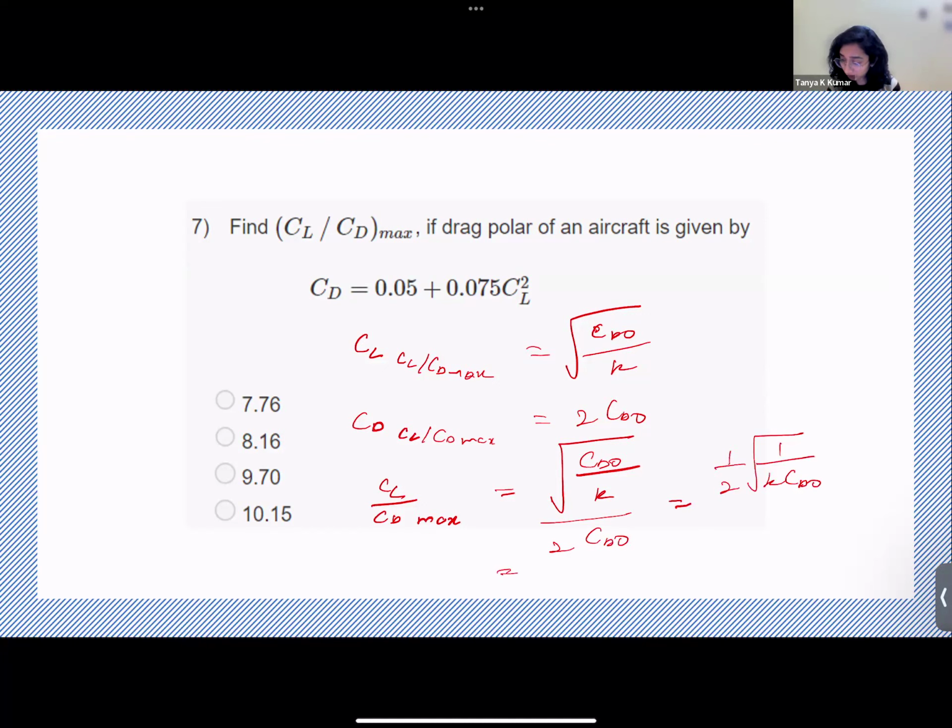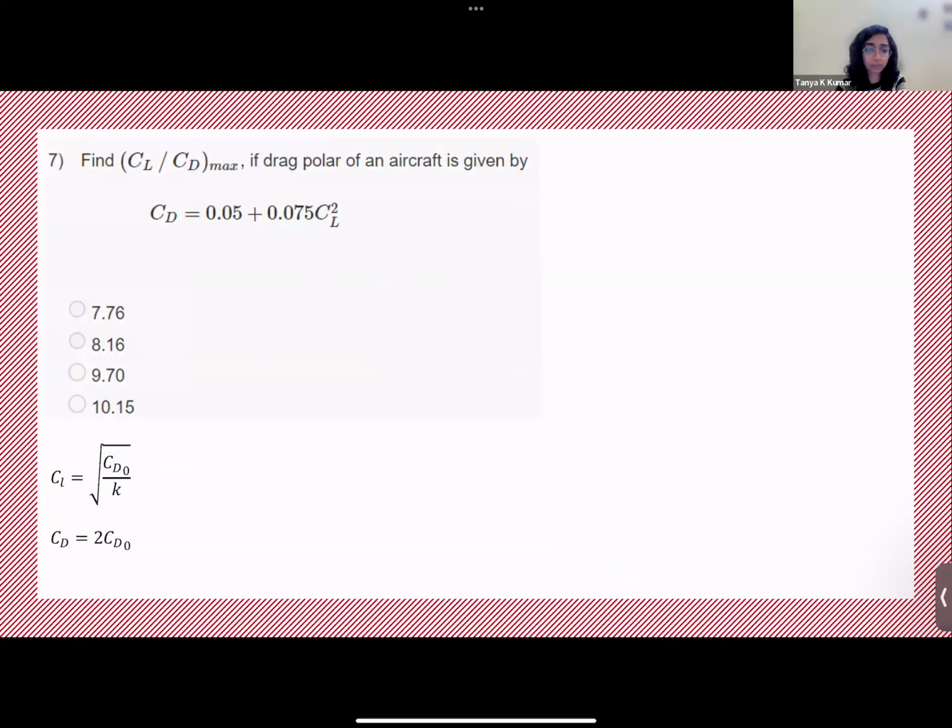Now just substitute the values. 1 by 2 under root 1 by K here is 0.075 and CD naught is 0.05. What would the value be? Something around 8.165. Right, so that is the right answer, correct. Yeah, so these are the formulae that we used.